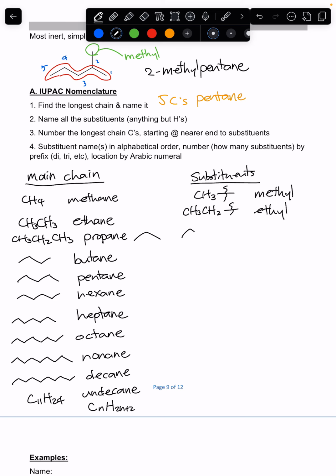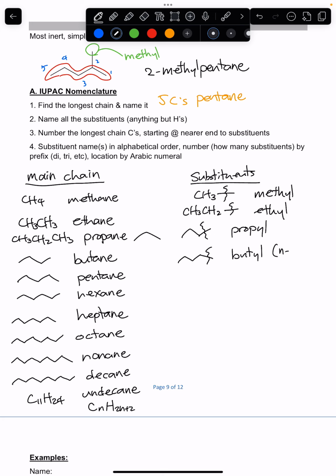When it's a propyl group attached to something, that would be 3 carbons after propane. 2, 3, 4. So this, hopefully you could guess, this would be a butyl group, but the butyl group could be drawn in different ways.